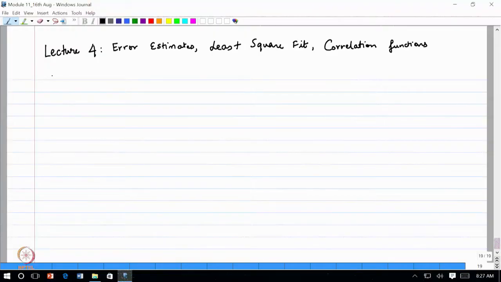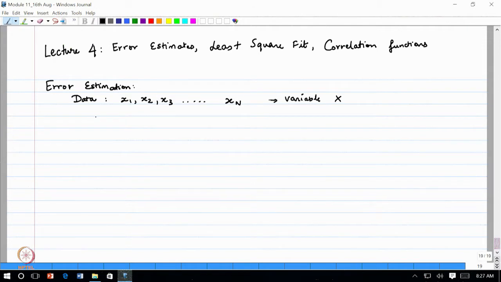So, error estimation. Suppose you have data x1, x2, x3 up to xn, there are n data, and the data is of some variable x.